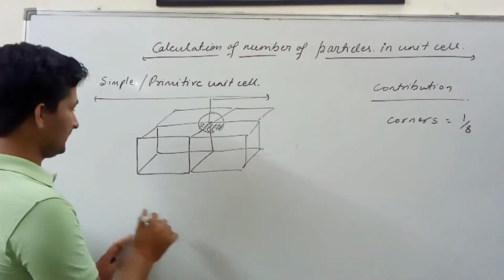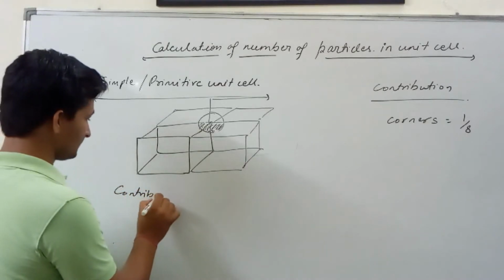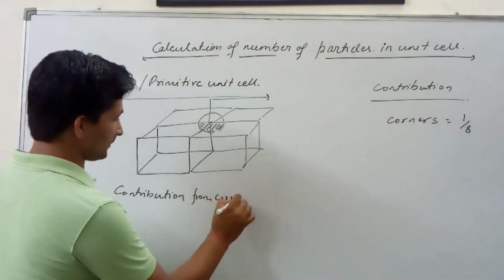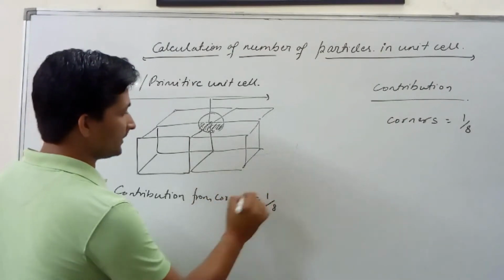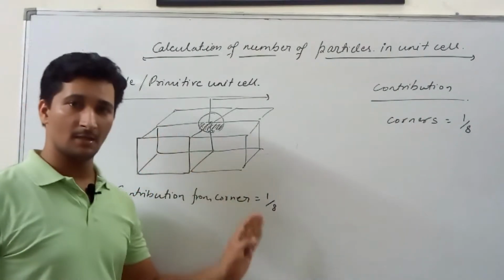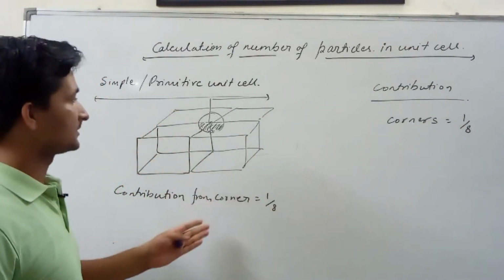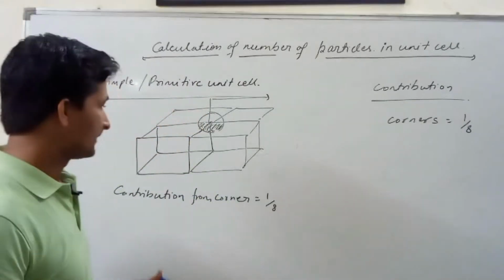Now this is clear that the contribution from a corner is 1/8. Then how many corners are present in a unit cell? There are 8 corners and all those corners are occupied by one sphere or particle.